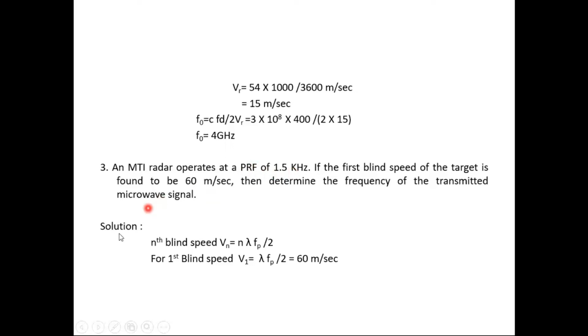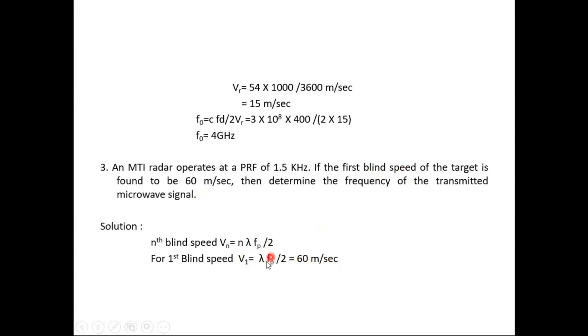Solution. For the nth blind speed, we write the velocity as Vn equal to n lambda fp by 2. For the first blind speed, we substitute n equal to 1, so V1 equals lambda into fp by 2. The first blind speed is given as 60 meter per second, so V1 is 60 meter per second.